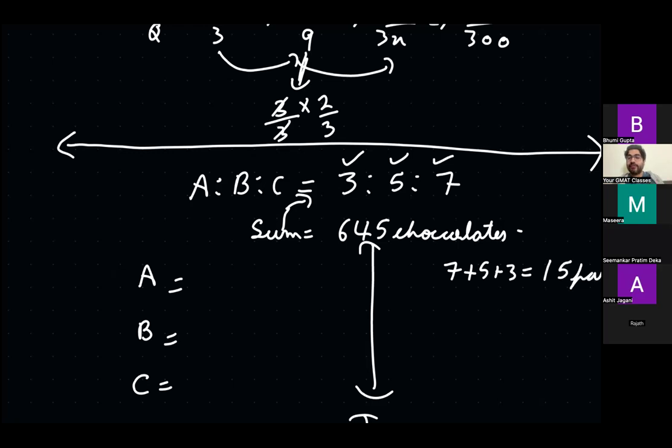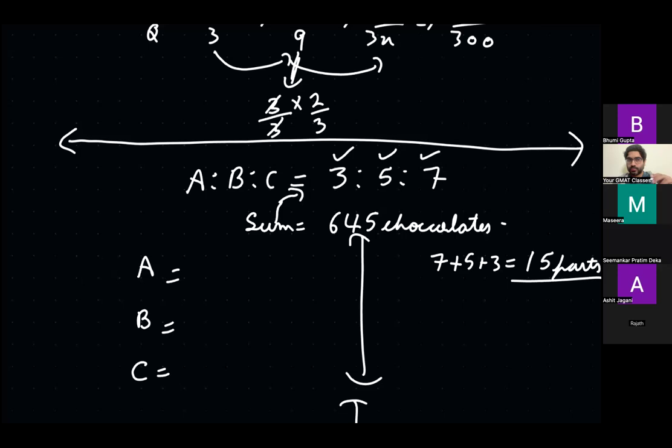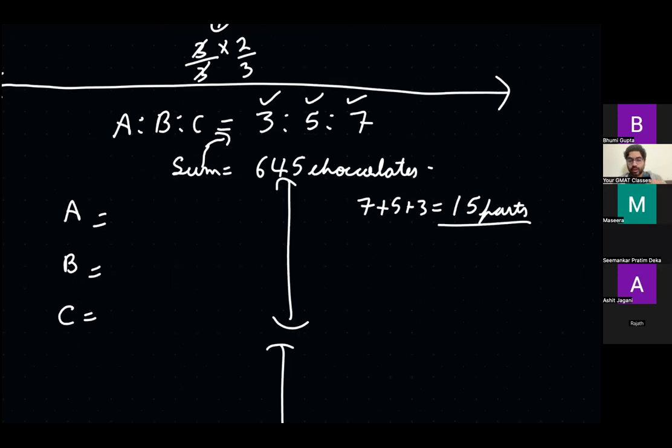Can I say that I have to make 15 parts of the total? And out of those 15 parts, I have to give 3 parts to A, 5 parts to B, and 7 parts to C?